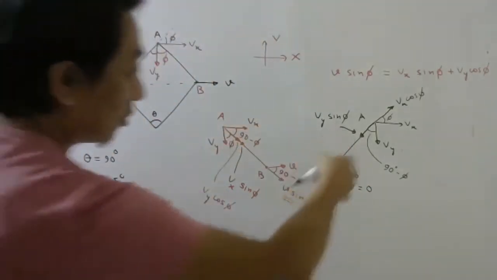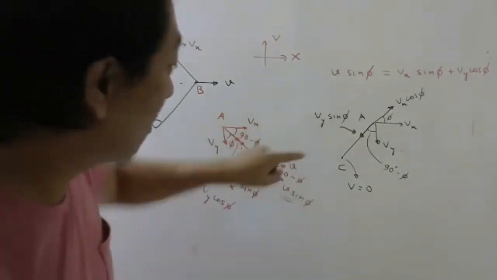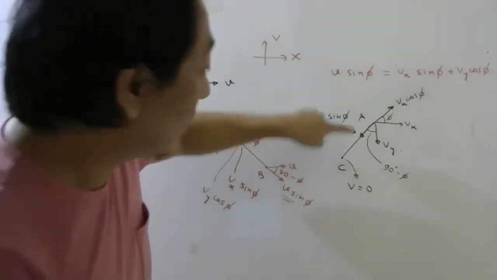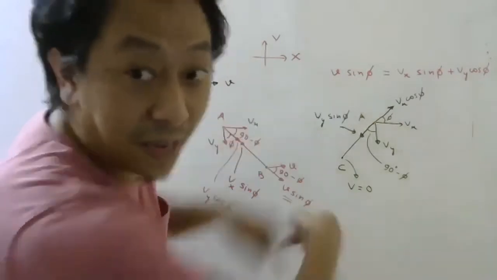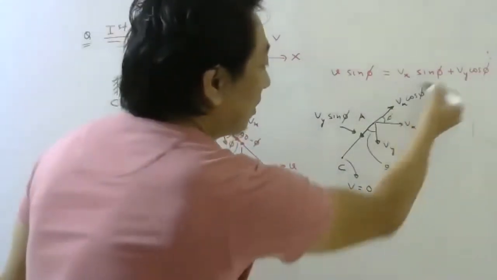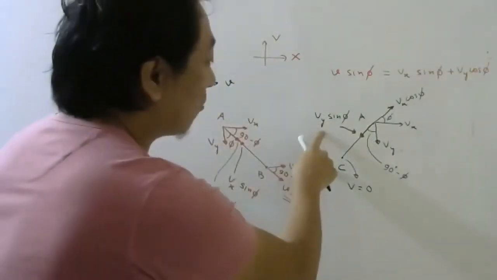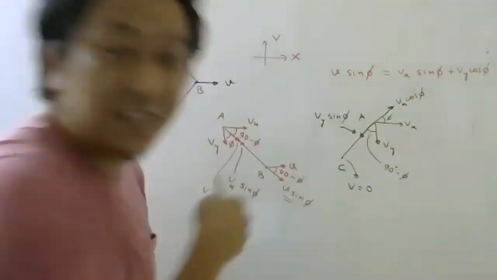So along the string, velocity of 2 points should be same, but velocity of this is 0. So velocity of this point along the string must be 0. So this is vx cos phi, which is trying to increase the length. This is vy sin phi, which is trying to decrease the length.